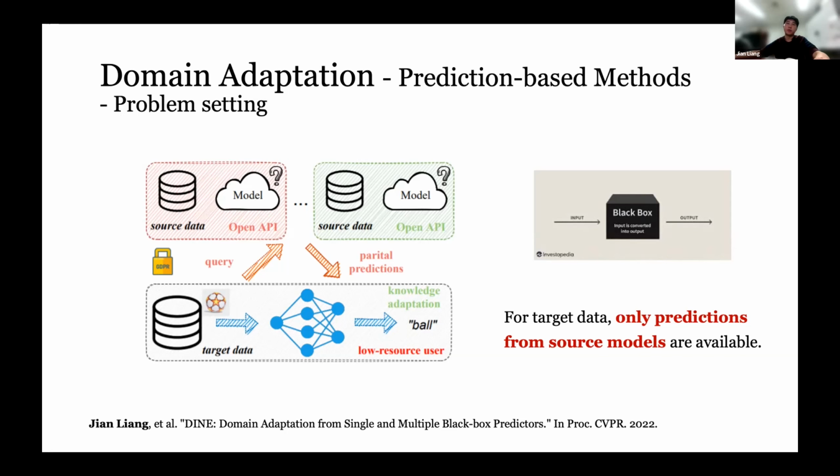All we know is that we have a predictor here, and we can query our target samples into this interface, and it will output some predictions. All we can use is these predictions from the source predictor, and this is the problem setting here.